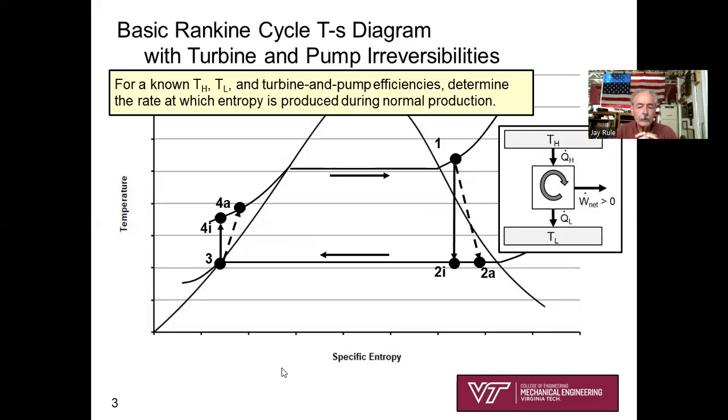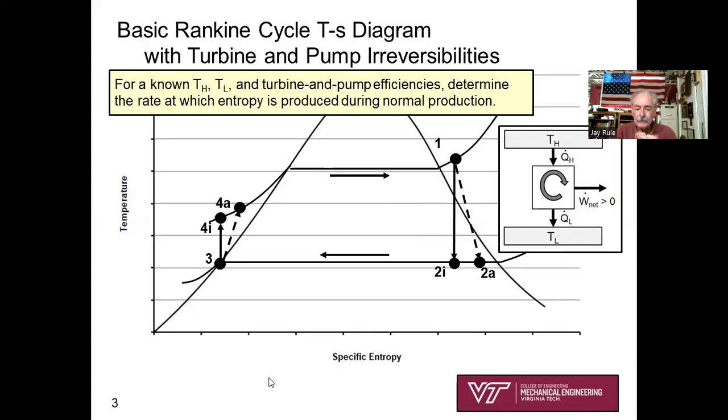I hope that you are familiar with our basic schematic sketch, where we've got a heat source TH and a heat sink TL, and we've got this black box power plant moving along at a steady rate, putting out some net output power, but we have to purchase the heat added, the rate at which heat is added, Q dot H. And I hope that you're familiar with the temperature entropy diagram of the four components, and what each component is doing.